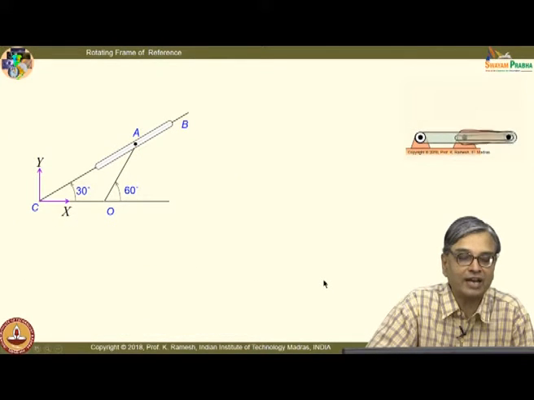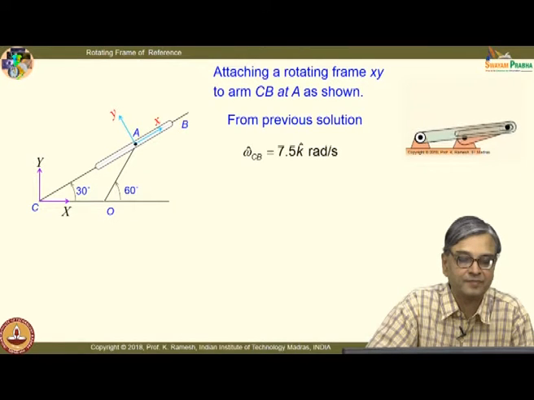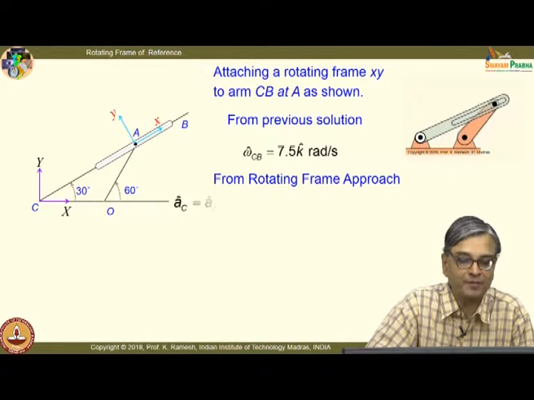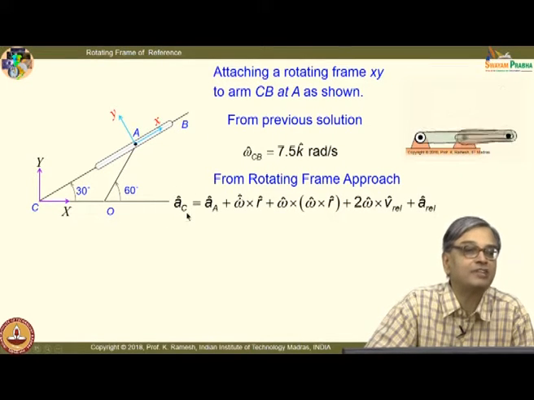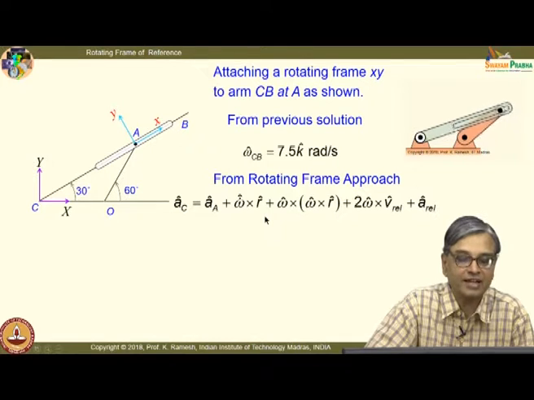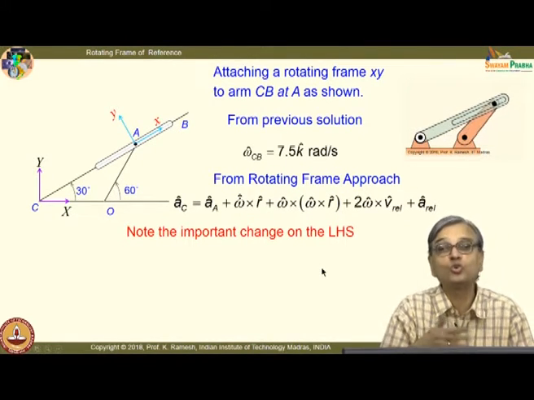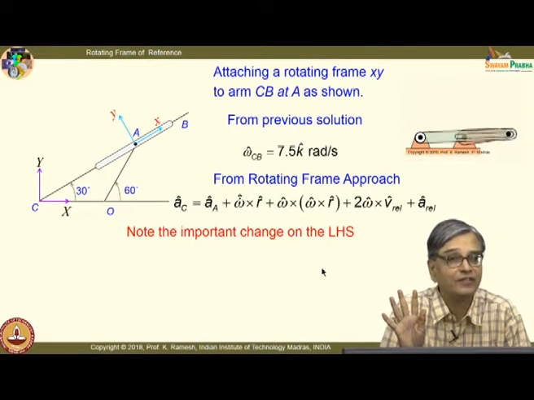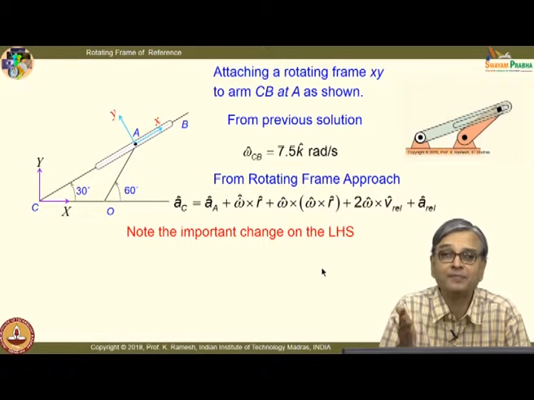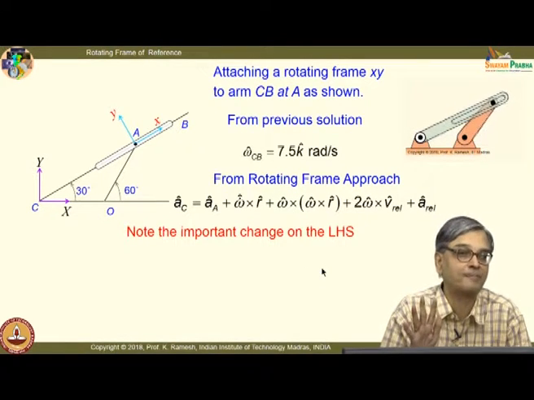And then when I want to write the acceleration expression, because we have solved the problem, the acceleration expression I have to write from AC to AE. Okay. So, note the important change in the LHS. So, you have to do this, then you will be able to get ARL correctly, fine, but if you have to interpret the Coriolis acceleration, you will again have to do a circus.